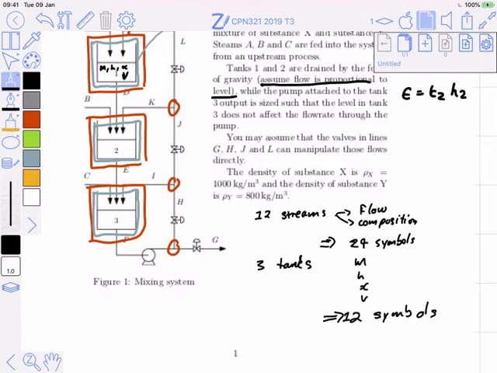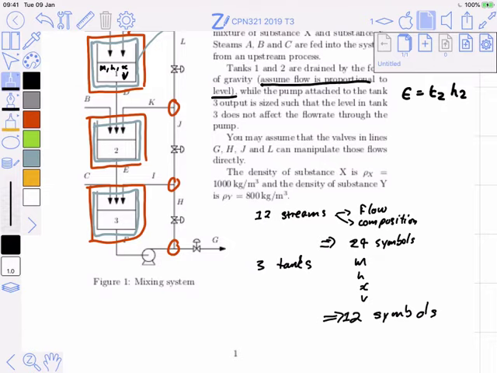Now, I believe that that is, in terms of the additional symbols that are not parameters, because obviously the tank surface areas and the densities of the substances are parameters in the system. So I could add another three surface areas and 2 densities as parameters. I am okay with it if you substitute those in, but I really prefer that if you don't.